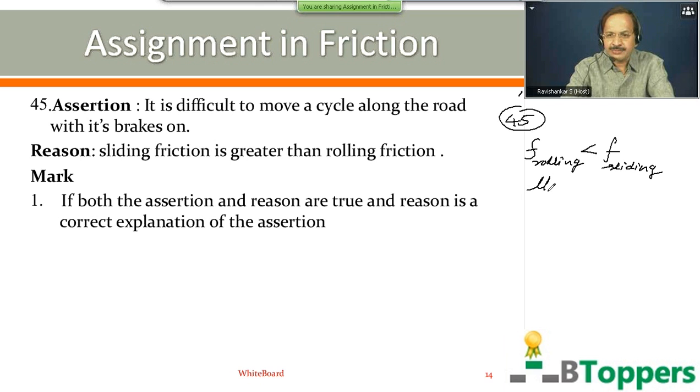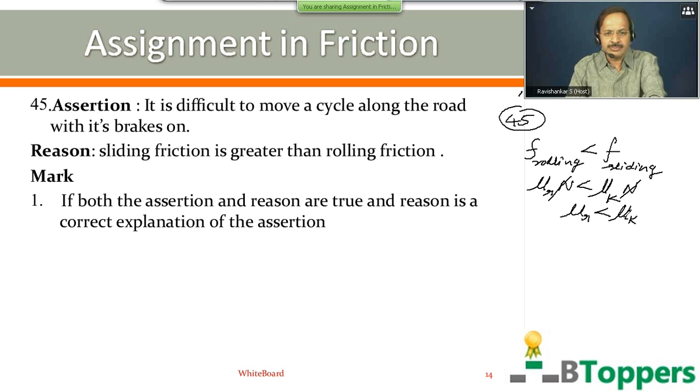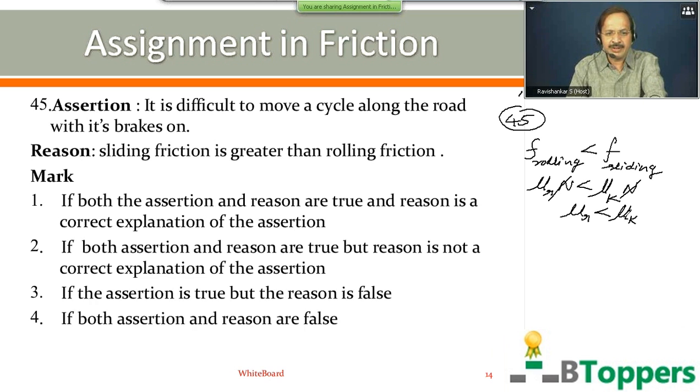So coefficient of rolling friction into normal reaction is less than coefficient of sliding friction into normal reaction. So both the assertion and reason are true, and the reason is the correct explanation of the assertion. That means here the first option is the answer.